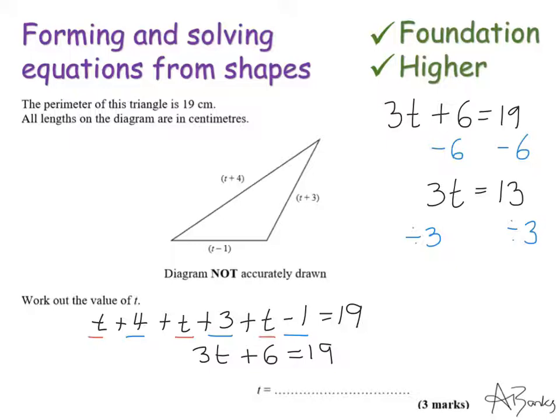Now I know that I can't divide 13 by 3 perfectly, my answer's not going to be an integer, so I can just write 13 over 3 as a fraction. And that's fine to leave my answer like that. I could convert it into a mixed number, so that will be 4 and a third, but either one of these answers is fine, and that is my value of t.